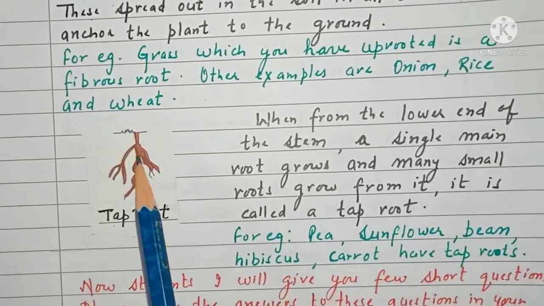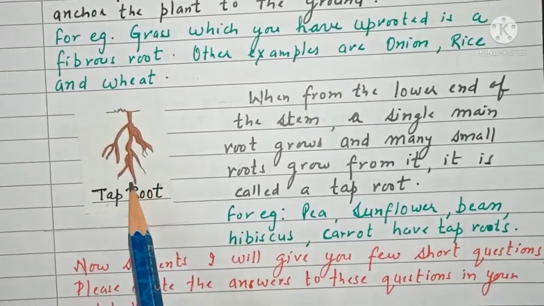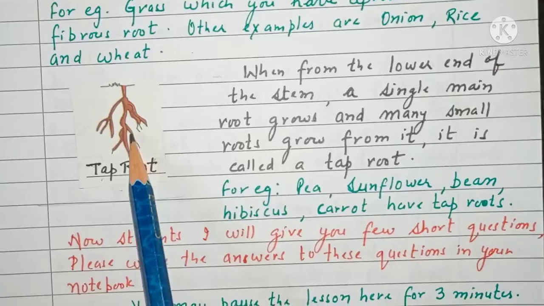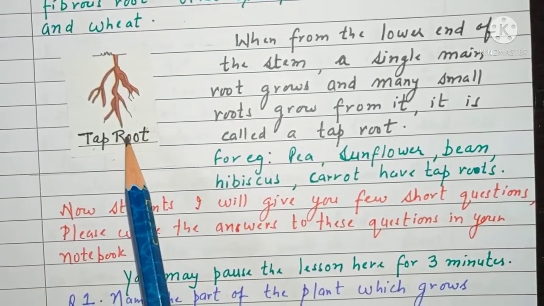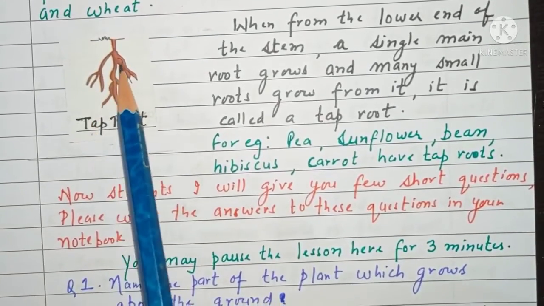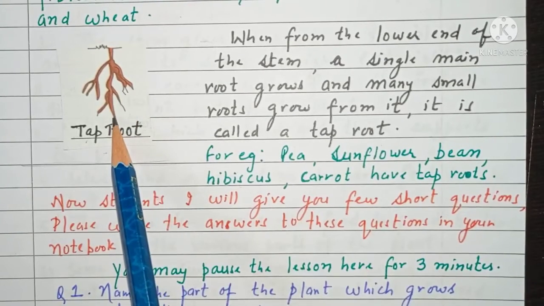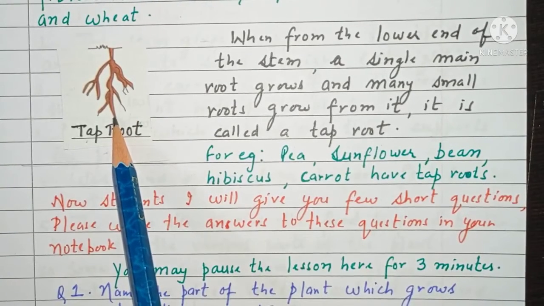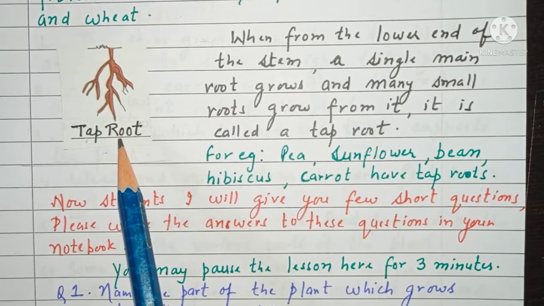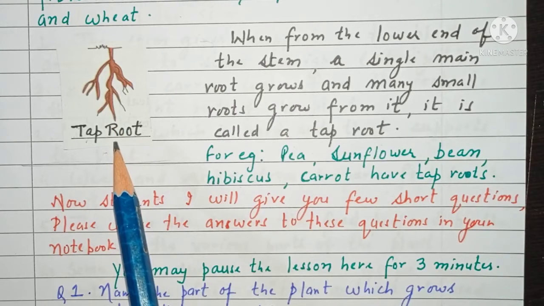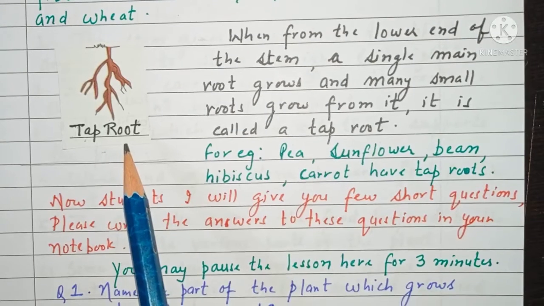When from the lower end of the stem a single main root grows and many small roots grow from it, it is called a taproot. For example, pea plant, sunflower, bean, hibiscus, and carrot have taproots.